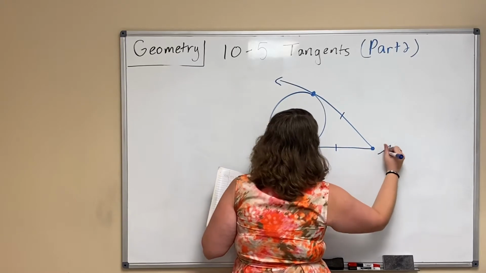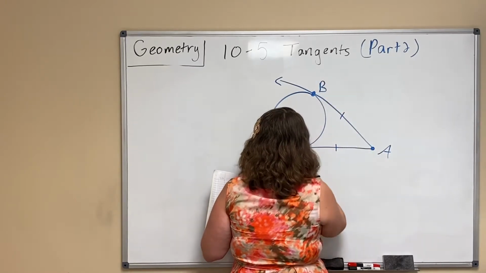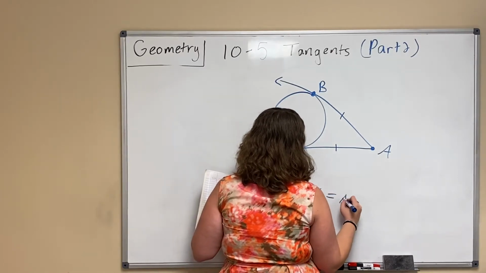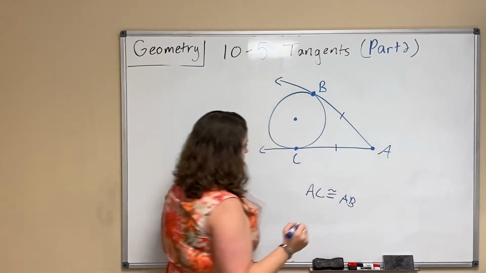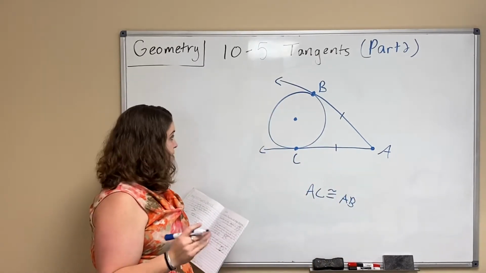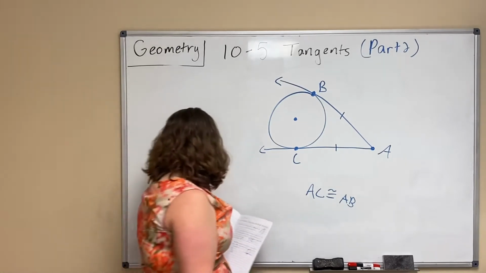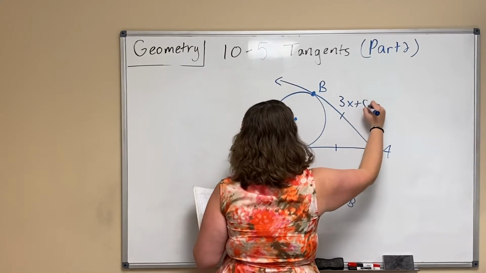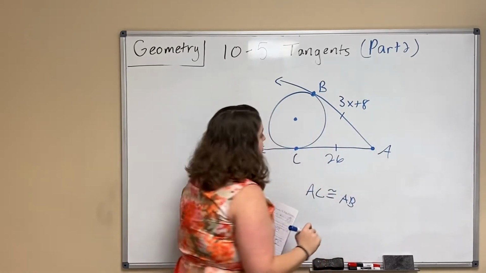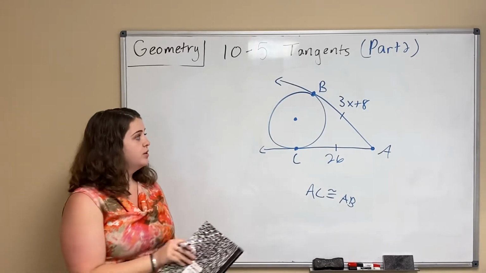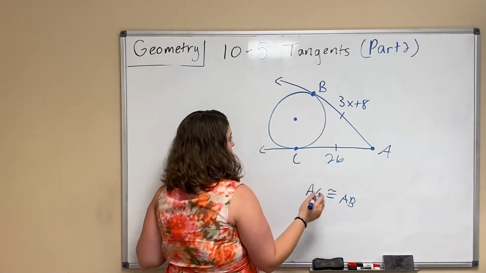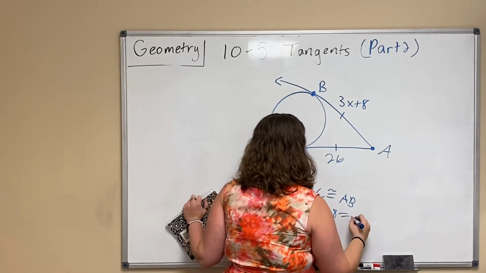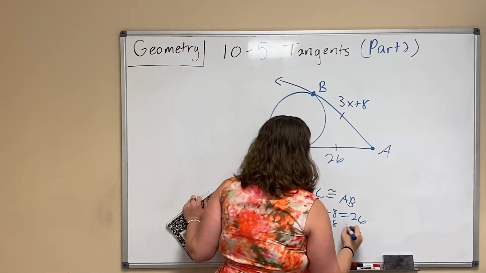So if these were A, B, C, AC equals AB. They're congruent line segments. So if I told you that AB equals 3x plus 8 and AC equals 26 and said solve for x, you know these are congruent, so you're going to set 3x plus 8 equal to 26 and then solve.